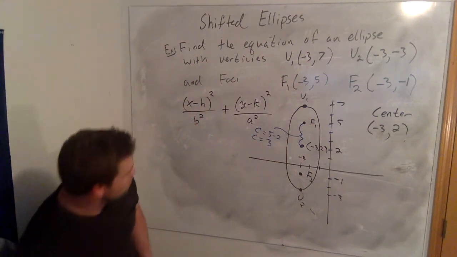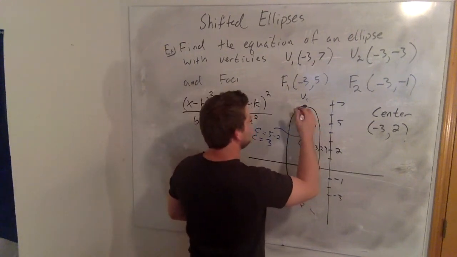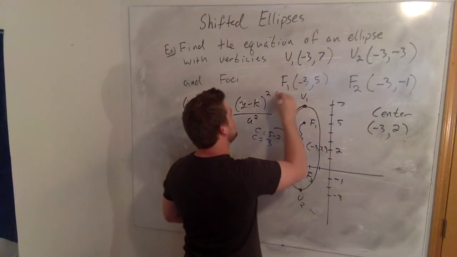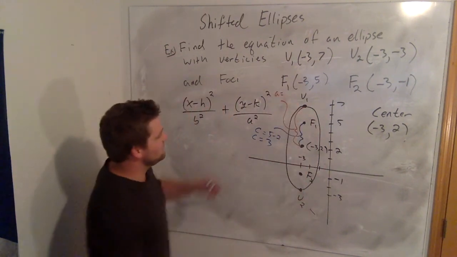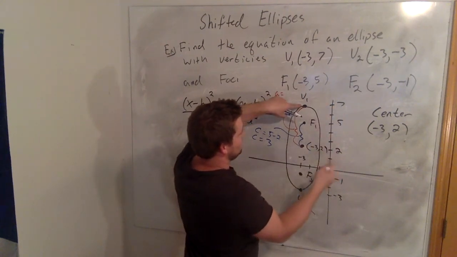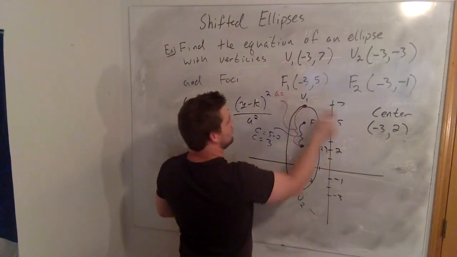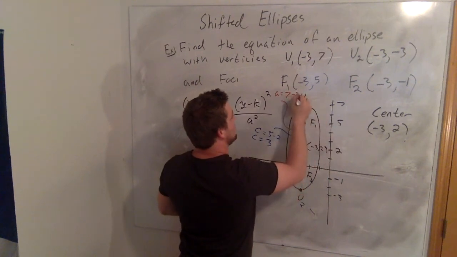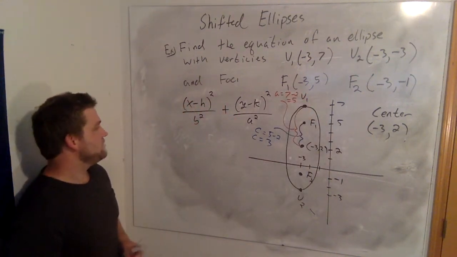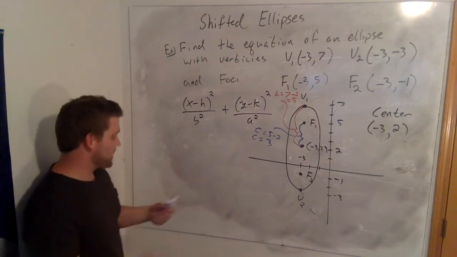If we want to figure out what a is, the distance from here to here is going to be a. Here's 7, here's 2, so that should be 5, or you could take 7 minus 2, which gives us 5. So a is 5, and a squared will be 25. We still need to figure out b squared.